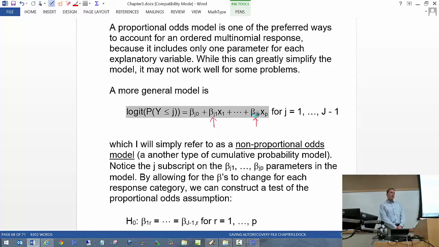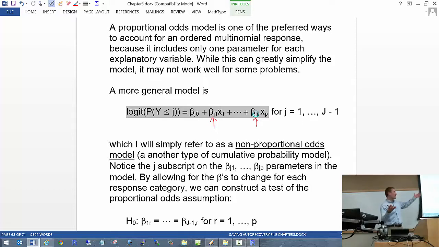So you should think, okay, why did I call it proportional odds model in the last class? Well, remember how these odds had essentially a proportionality constant with it, e to the, let's say, beta 1, for example, if we only had one explanatory variable. Here now, we don't have that proportionality occurring anymore.